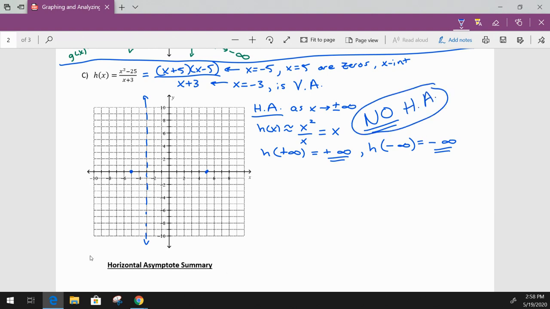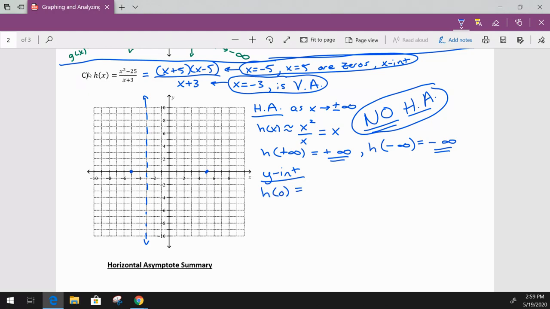So we're almost to this horizontal asymptote summary here, which will discuss the three different possibilities with horizontal asymptotes. All right, so we've got our vertical asymptote, our horizontal asymptote is none, and we've got our x-intercepts. Now let's discuss the y-intercept. Again, the y-intercept is what you get when you substitute 0 into our function.